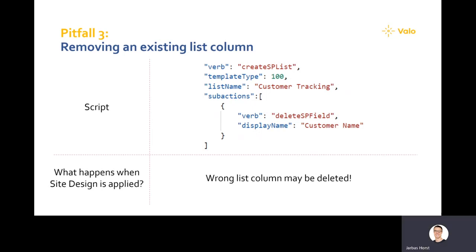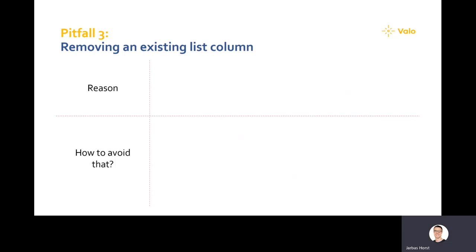The point is that I'm not going to get a confirmation message, like, do you really want to remove this column? SharePoint is just going to remove the column with all the content. So if you have content, it will remove everything. The reason here is that display name is not reliable, as we have already seen.